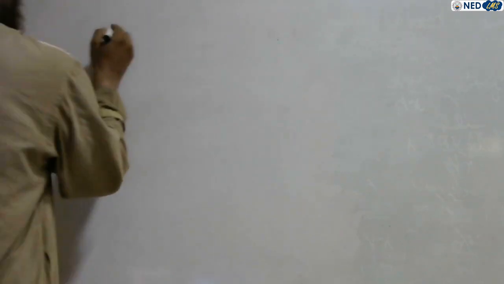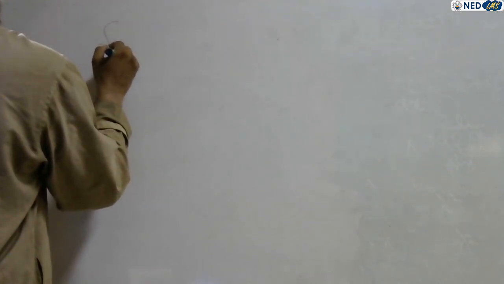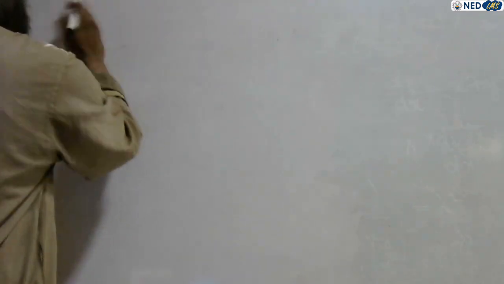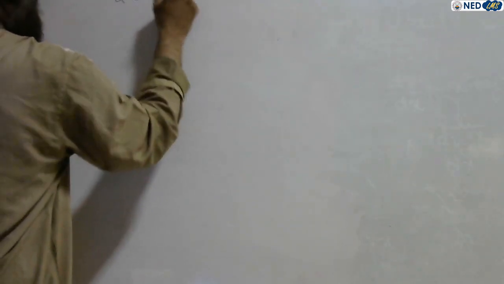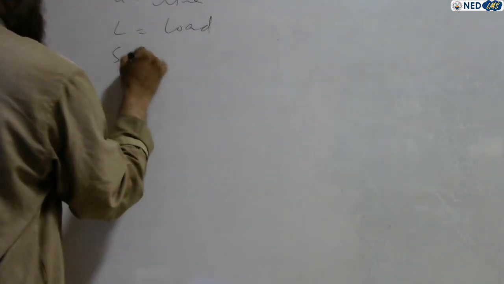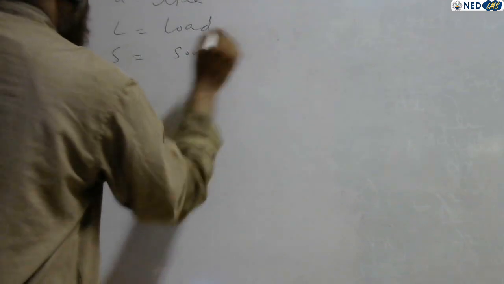So finally we come to the calculation of the complex power of the line. Small l is used for line, capital L is used for load, and S is used for source. Keep remembering these.